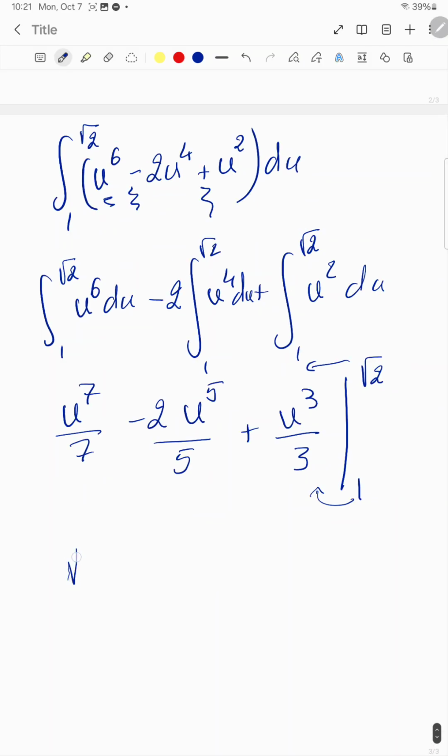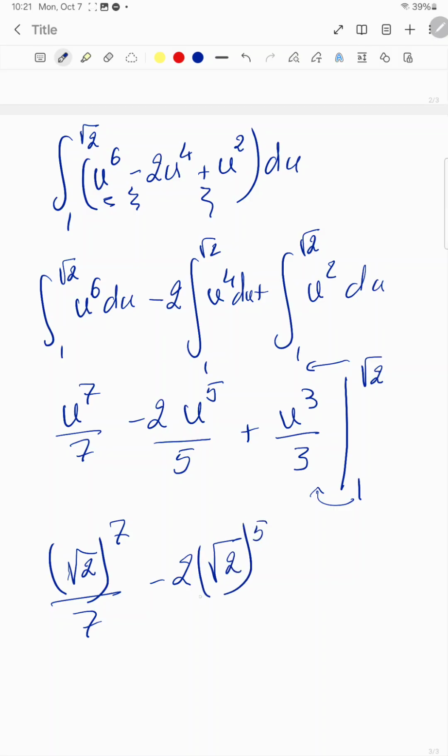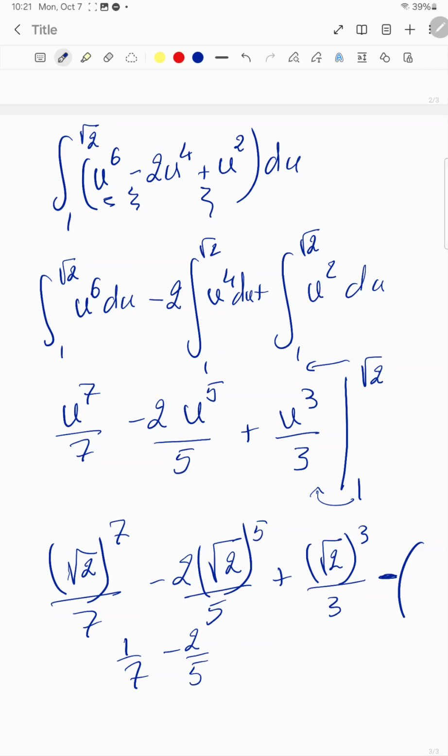So it becomes square root of 2 to the power of 7 divided by 7 minus 2 square root of 2 to the power of 5 divided by 5 plus square root of 2 to the power of 3 divided by 3, minus, and I open my parentheses, 1 over 7 minus 2 over 5, because I'm replacing u by 1, plus 1 over 3, and I close my parentheses here.